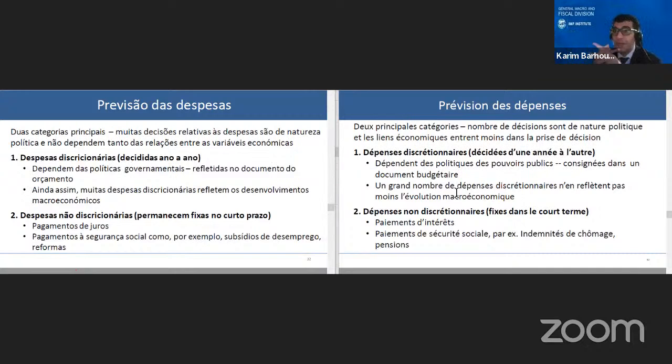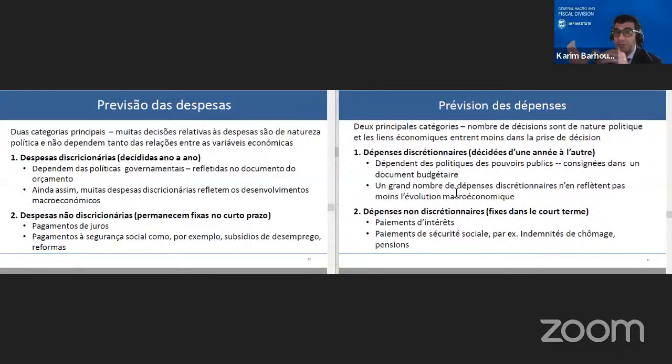If we don't have any information about the government's discretionary policy measures, we can forecast the discretionary expenditure on the basis of existing policy. In that case, we assume that this policy will remain unchanged over the forecast period. As a first approximation, we can maintain the past ratio to GDP.